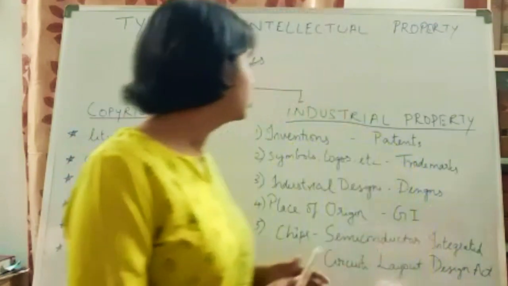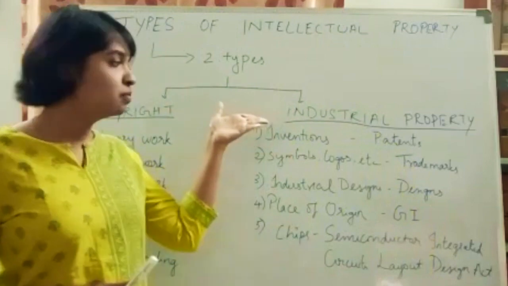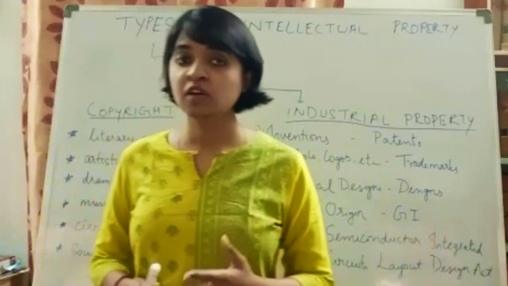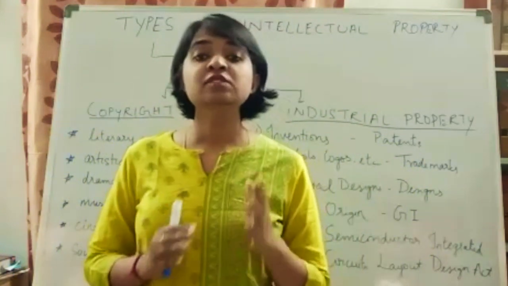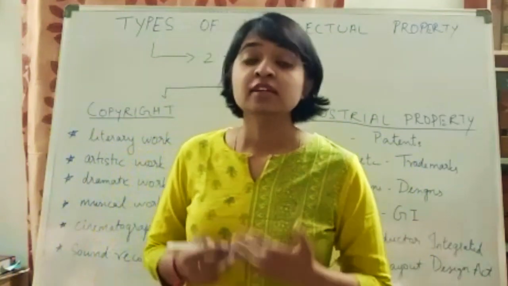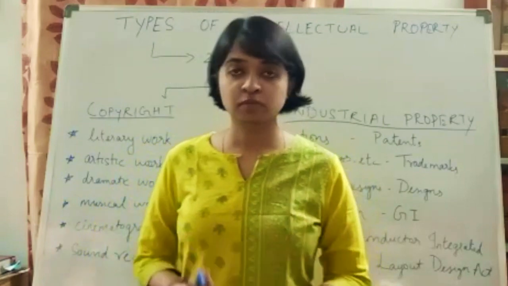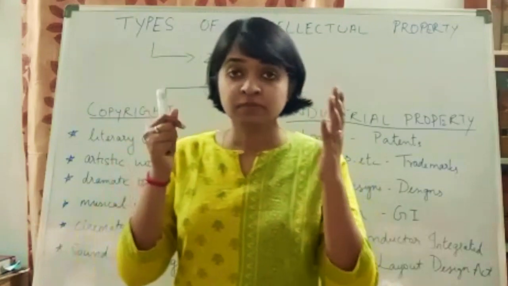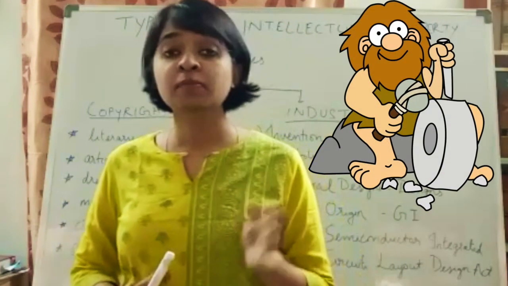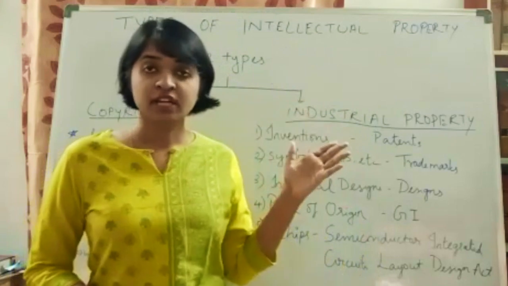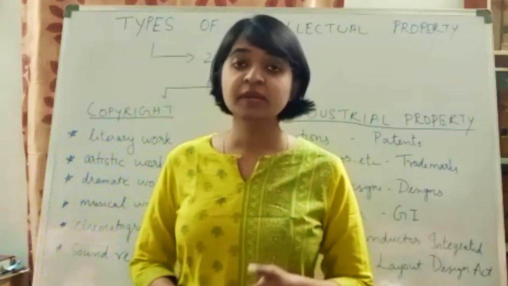Now let's move on to study what are the aspects of industrial property. Like I already mentioned in the very beginning of the class itself, IP is where you apply your mind. So what do you think can first come under the ambit of intellectual property? When you invent something, you're using your mind and you're coming up with a particular invention, right? So inventions are protected under intellectual property.